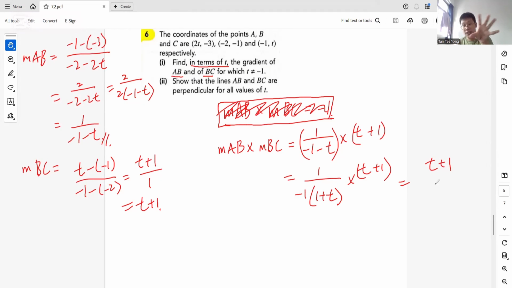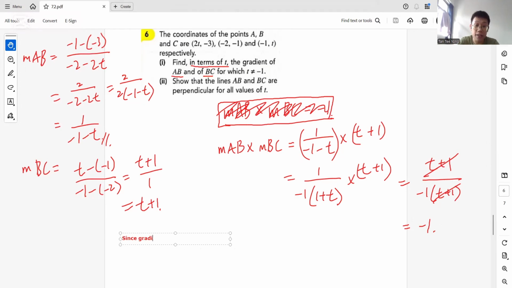Now you can multiply them together: t plus 1 over -1 bracket t plus 1. This one you can cancel, so you will just be equal to -1. Then after that, you can conclude, let's write it out in words. I'm just going to type it out.